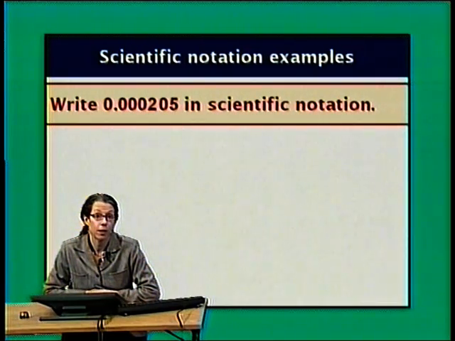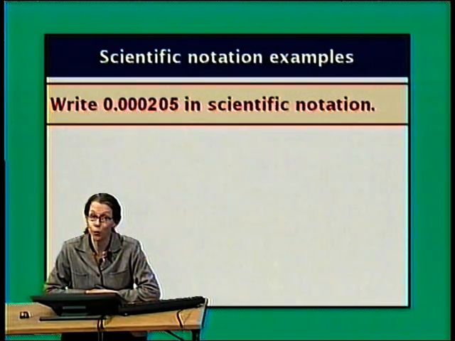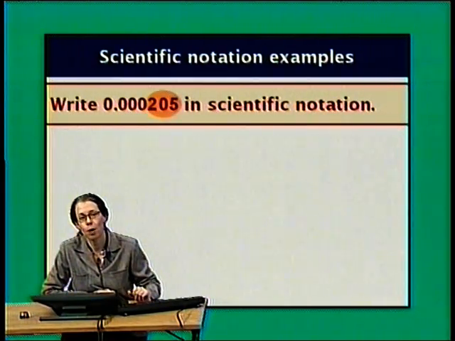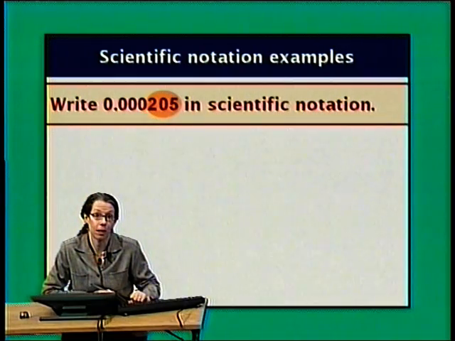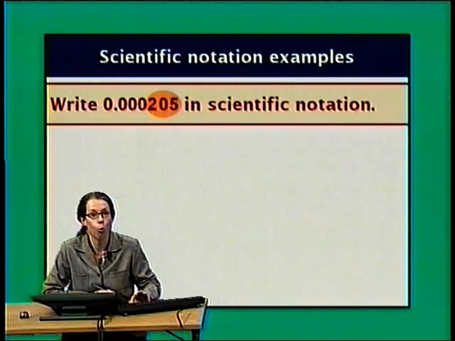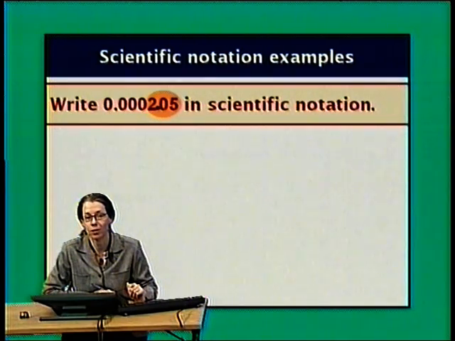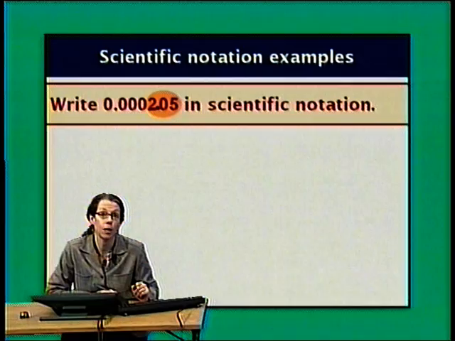So now let's write the small number 0.000205 in scientific notation. We're going to focus on the numbers that we're going to put into our mantissa, 205. We want our mantissa to be between 1 and 10. So the decimal point is going to need to go between the 2 and the 0 in those 3 highlighted numbers.